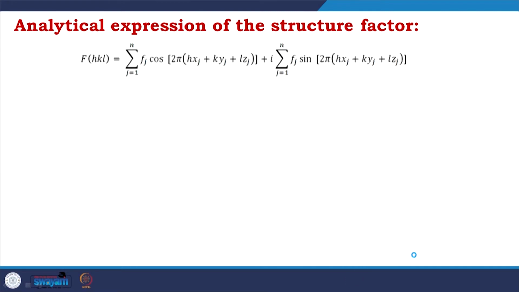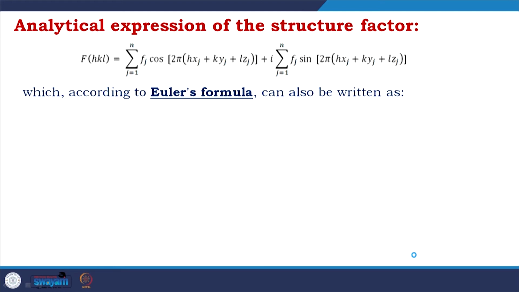When we get this expression, according to Euler's formula we could write it as FHKL equal to summation j equal to 1 to n of Fj e to the power 2 pi i (hx plus ky plus lz). Now, you may wonder what the Euler formula is.